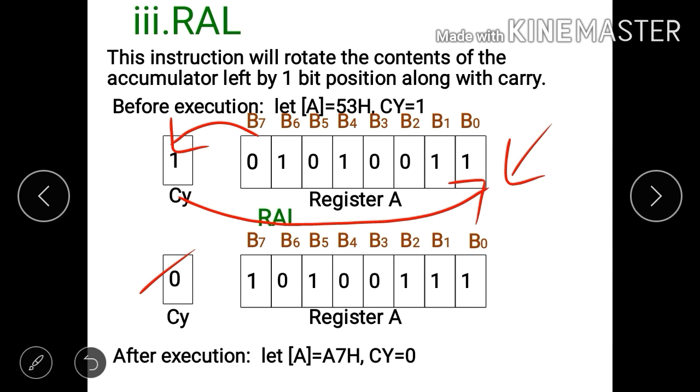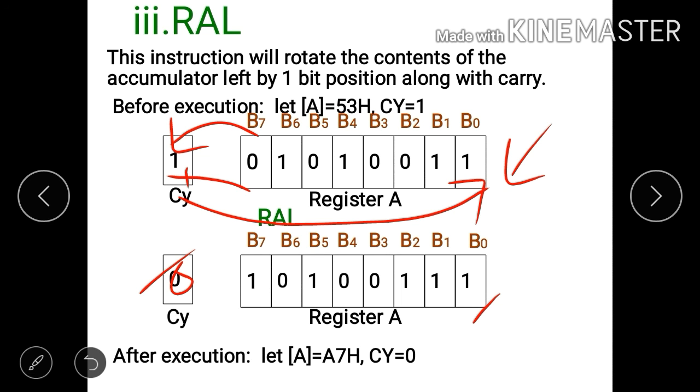So we will place 1 in B0, and when we place bit B7 into the carry, the 0 will come here. So instead of 1, we can write 0 here. After that, the carry will be placed into B0.